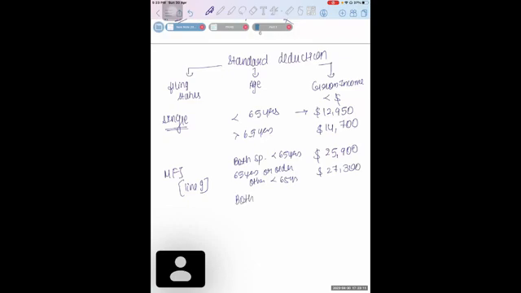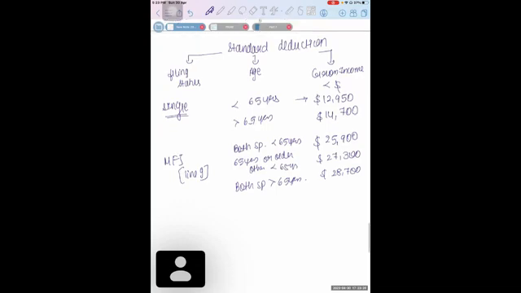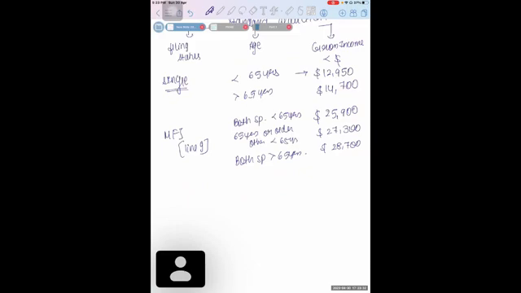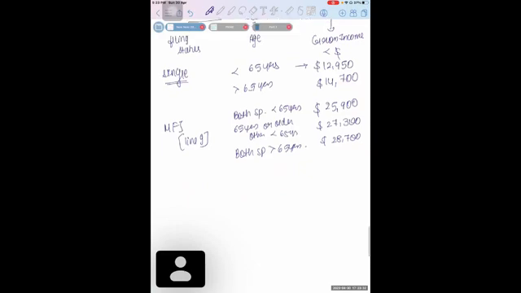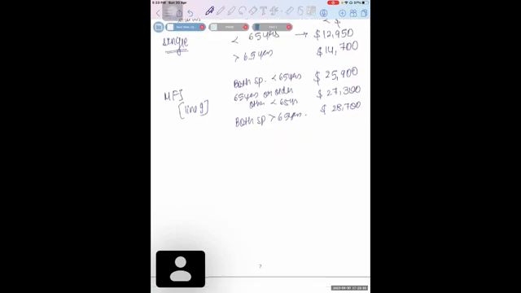If both spouses are more than 65 years, then they can take $28,700 as a deduction. Any questions, guys? This is very simple, and you don't have to remember the limits. That's why I'm not explaining it. There's nothing to explain in the limits.